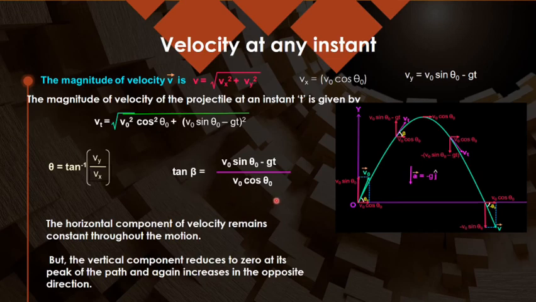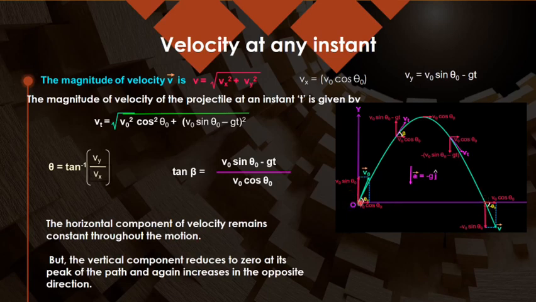The point to be noted is that the horizontal component of the velocity always remains constant throughout the motion of the body, but the vertical component becomes 0 at the maximum height, and at the point of reaching the ground you can prove it becomes the same as with which it was started.